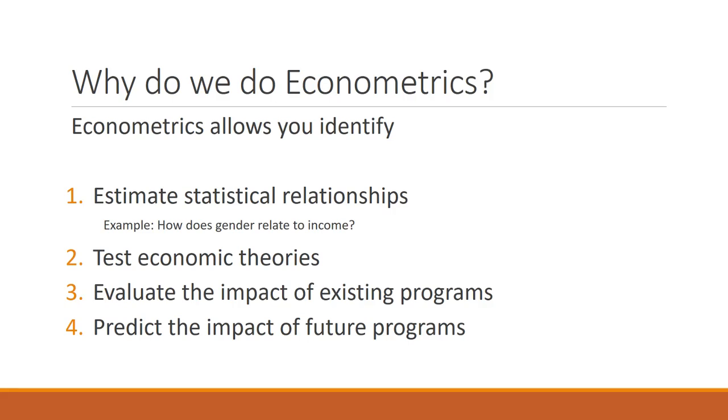When we were hypothesis testing, we were seeing whether some observed relationship between two variables, for example education and wages, was a reflection of the true population. Econometrics allows us to do the same thing, where we can observe and study whether or not two variables are related to each other.